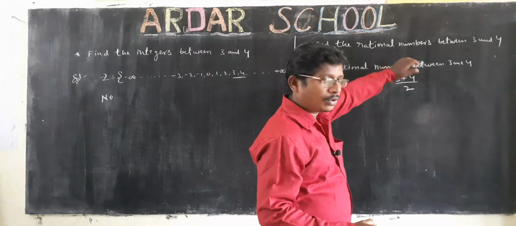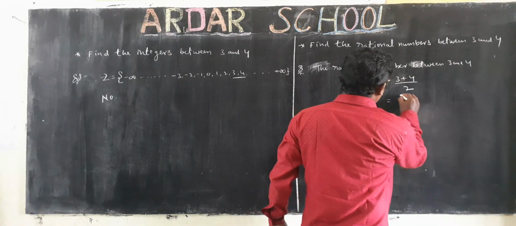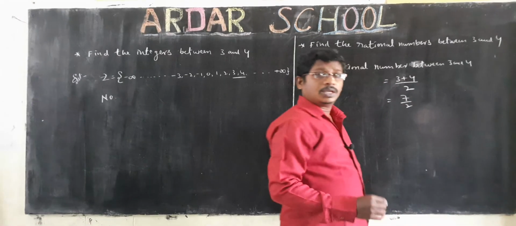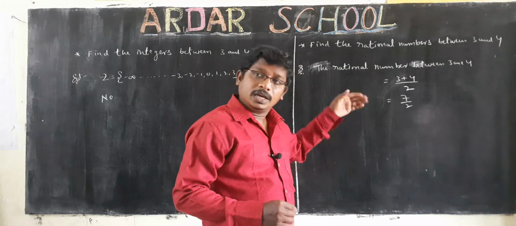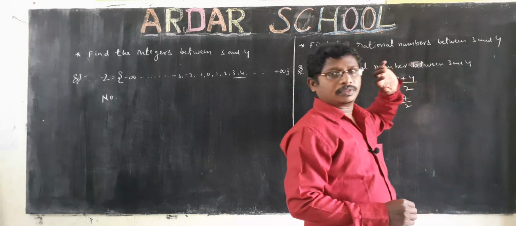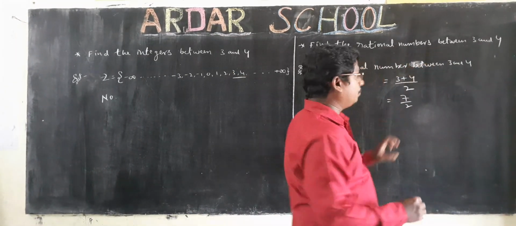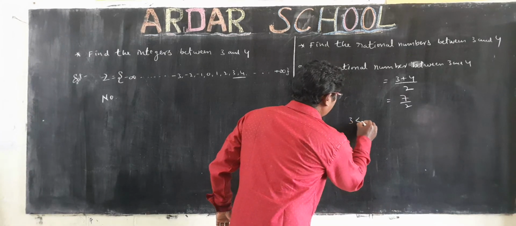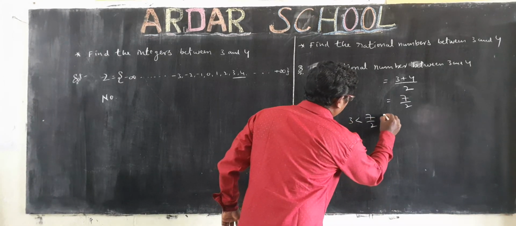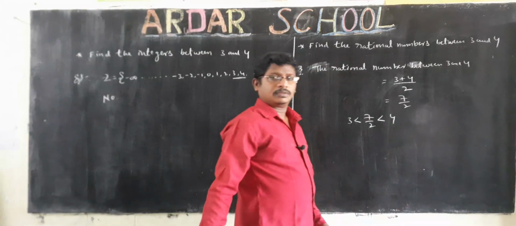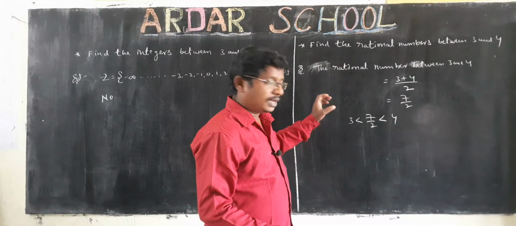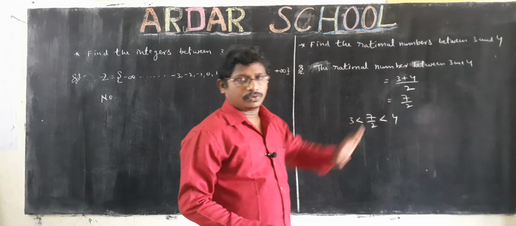So (3 plus 4) by 2 is 7 by 2. 7 by 2 is a rational number in between 3 and 4, exactly between 3 and 4. That is, 3 is less than 7 by 2 is less than 4. Okay, 7 by 2 is the rational number between 3 and 4.